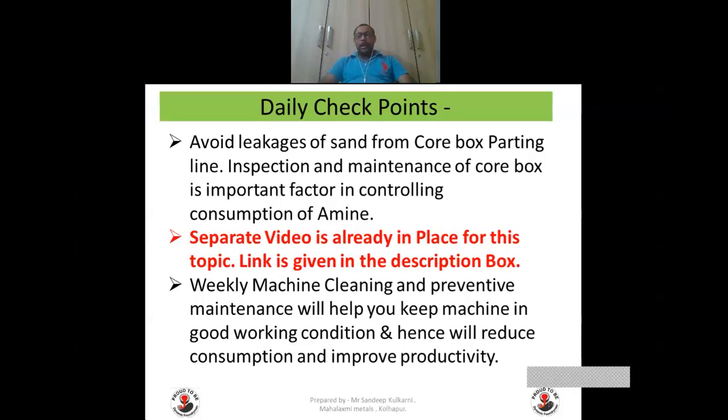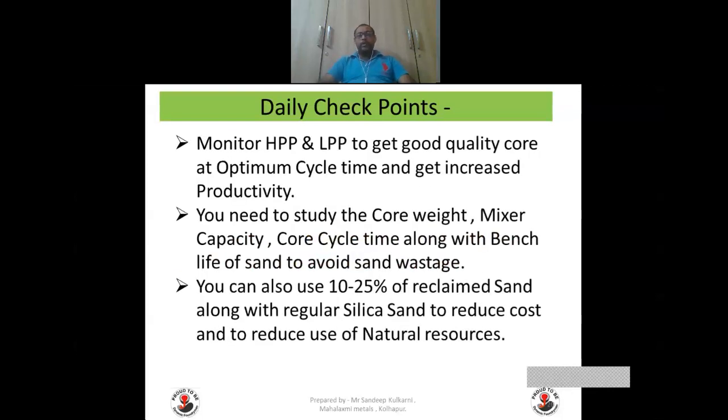Weekly machine cleaning and preventive maintenance will help you keep the machine in good working condition and hence will reduce consumption and improve productivity. Monitor HPP and LPP to get good quality core at optimum cycle time and get increased productivity.